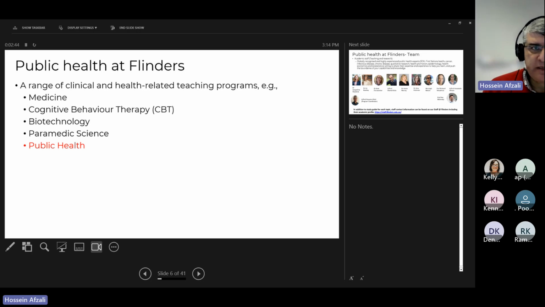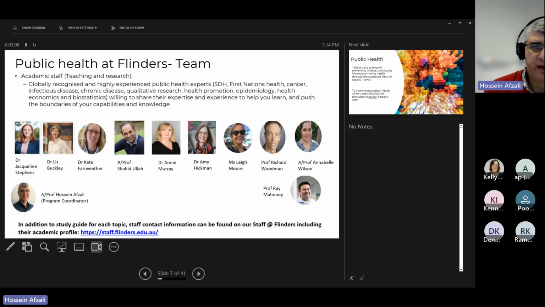Within the College of Medicine and Public Health, again, we have a broad range of health-related teaching programs, things like medicine, CBT, biotech, and paramedic science. And public health, as I mentioned before, is one of the teaching programs or disciplines or groups within the College of Medicine and Public Health.